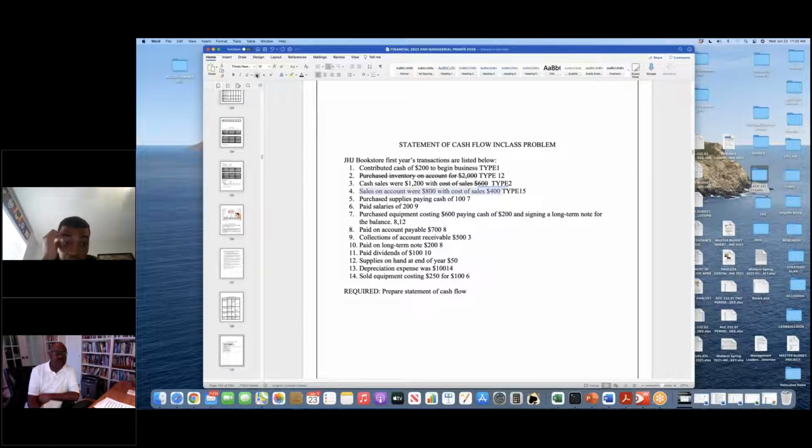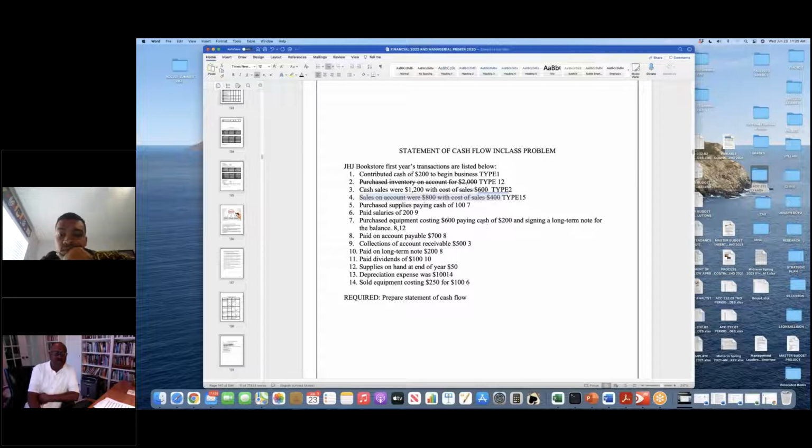So on our statement of cash flow, I'm only going to have journal entries that are included in 1 through 11. Purchase of supplies paying cash. This is a type 7. We're going to use it.